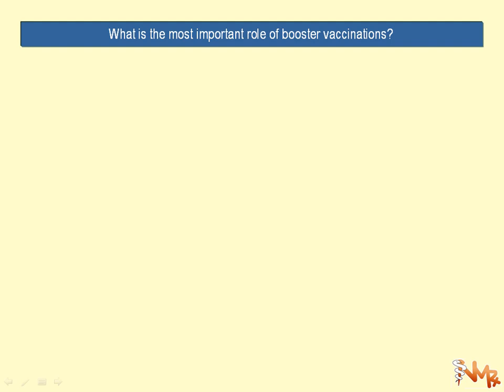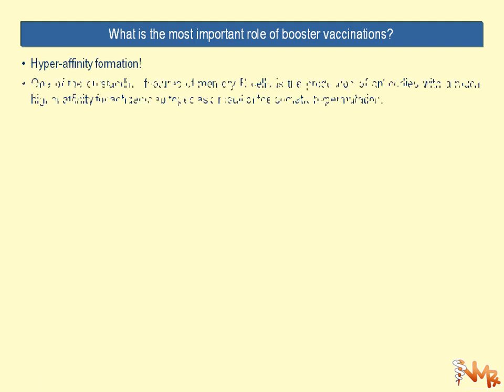What is the most important role of booster vaccinations? Hyperaffinity formation. One of the outstanding features of memory B cells is production of antibodies with a much higher affinity for antigenic epitopes as a result of the so-called somatic hypermutation, which we use at times as a synonym for hyperaffinity formation.